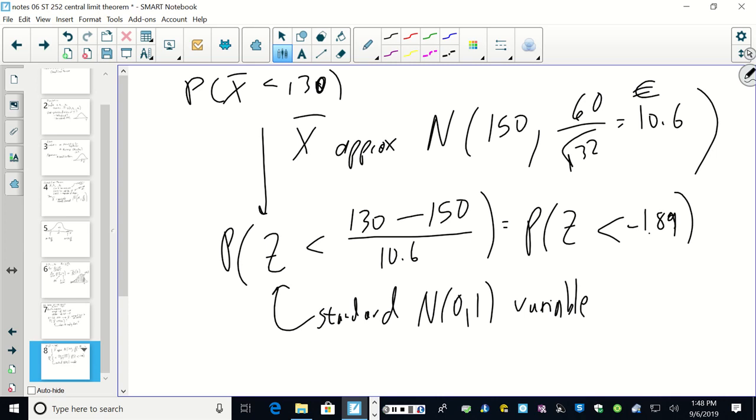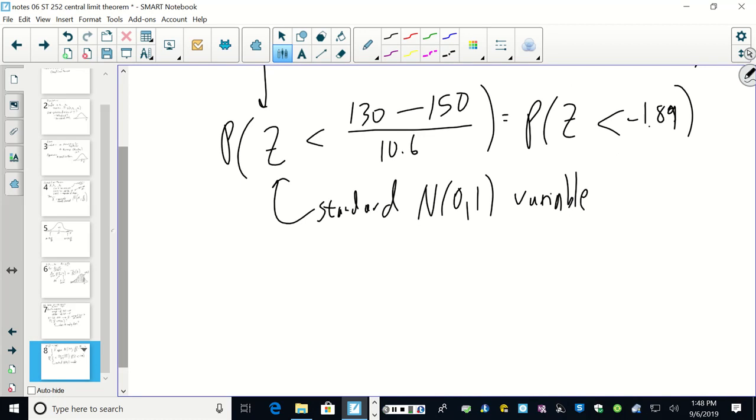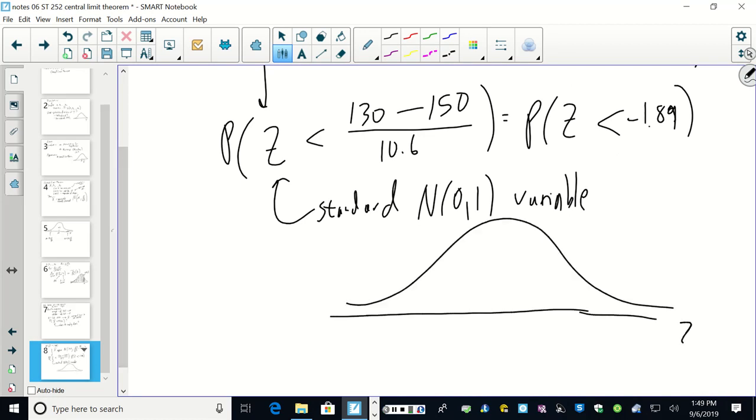But under the normal density curve, the one that has mean 0 and standard deviation 1, here's negative 1.89. It turns out that the area less than or equal to that is 0.0296, or just about 3%.